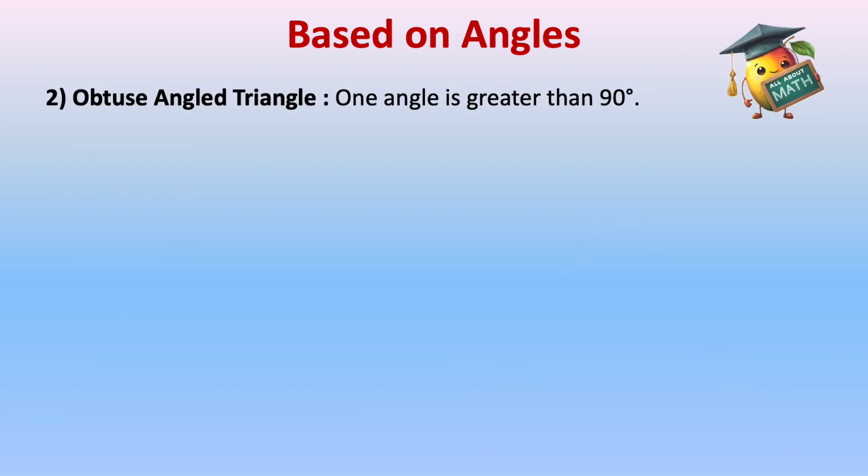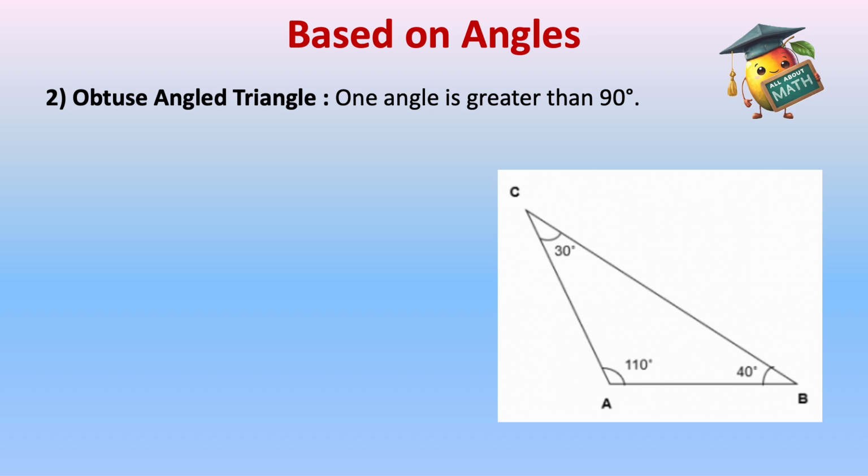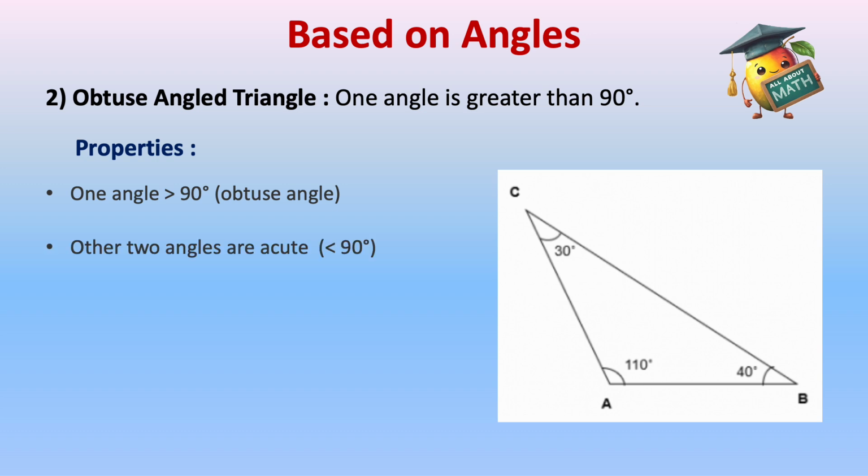Obtuse angled triangle, one angle is greater than 90 degrees. In case of acute, all angles were less than 90 degrees. But in case of obtuse, only one angle should be greater than 90 degrees. So here the diagram could be like this. So first property, that one angle should be greater than 90 degrees, that is here you can see in the picture it's 110 degrees, which is greater than 90, angle A. Other two angles are acute.